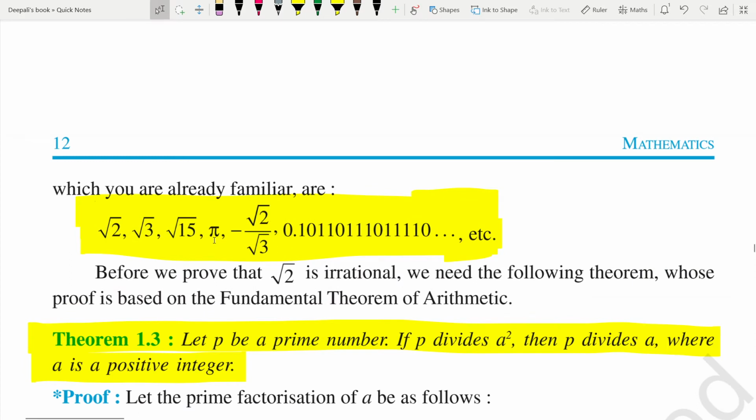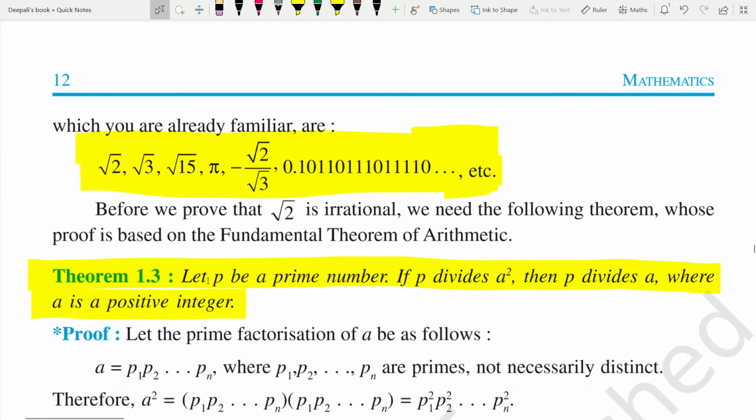Other examples are pi, minus root 2 by 3, 0.101101101110, etc. Now in this topic, we are going to study and prove that root 2 is an irrational number.